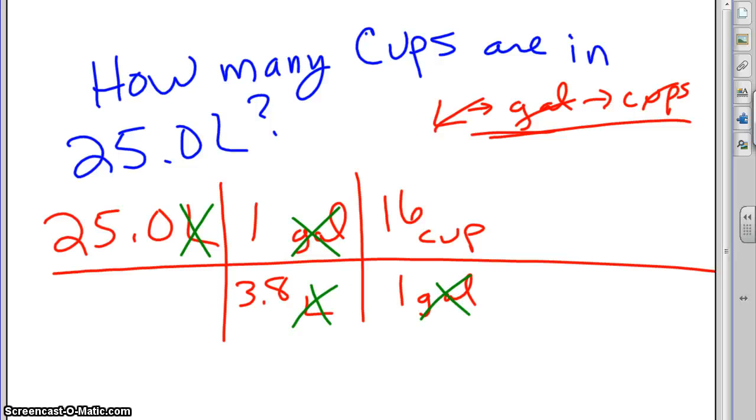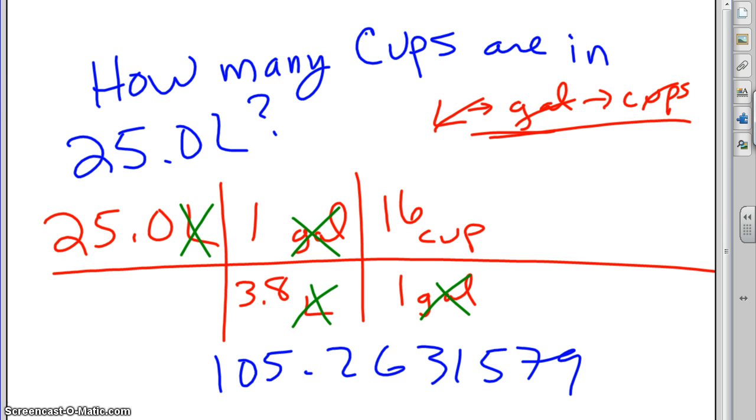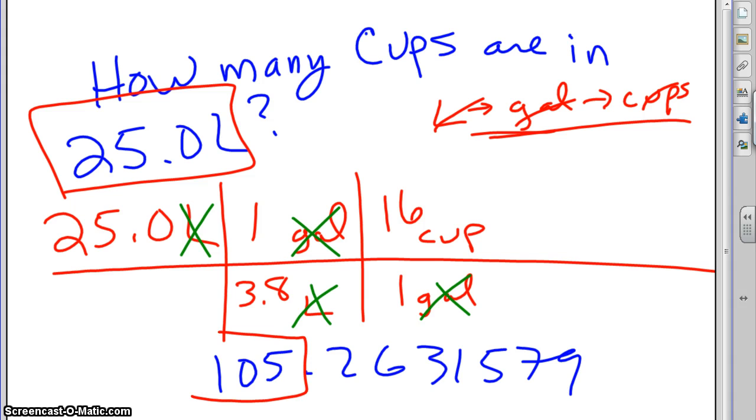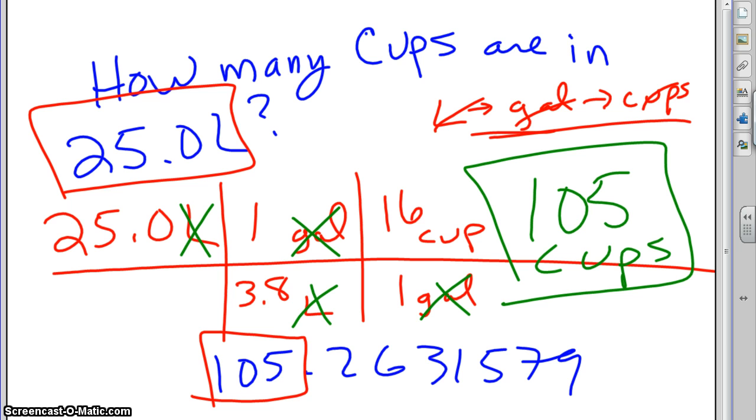Divide that through 3.8 and we get 105.2631579. And then we stop and ask ourselves about sig figs. We began with that number which had 3 significant digits, which means that we want 3 significant digits. So our answer is 105 cups. Hooray.